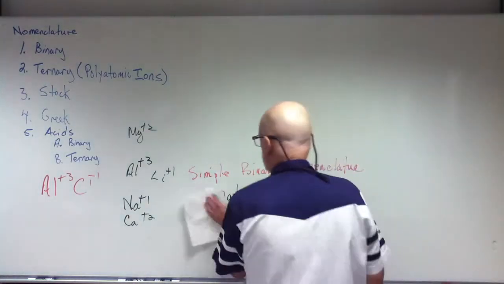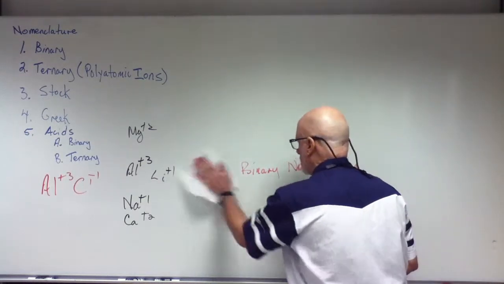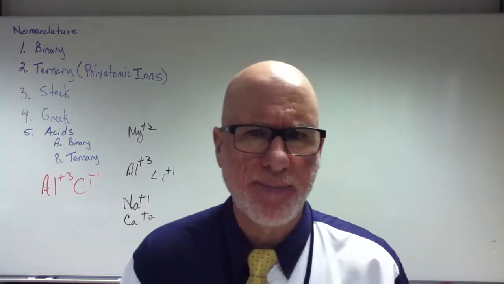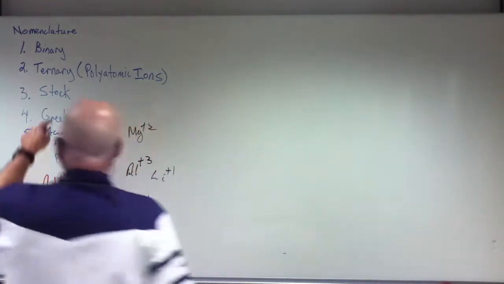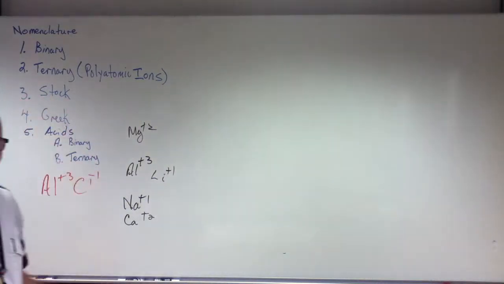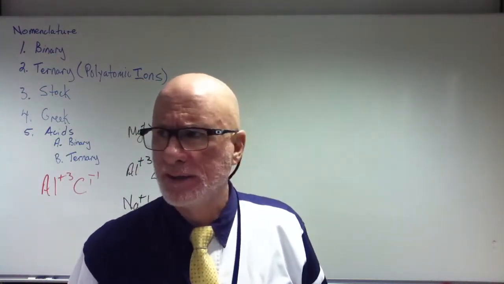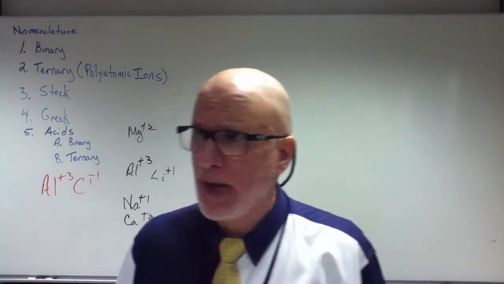Well, I just want to say on the side that when we start, we just start simply. We start easy. Because the Stock system uses elements that have more than one oxidation state. And most of the transition elements have multiple oxidation states.